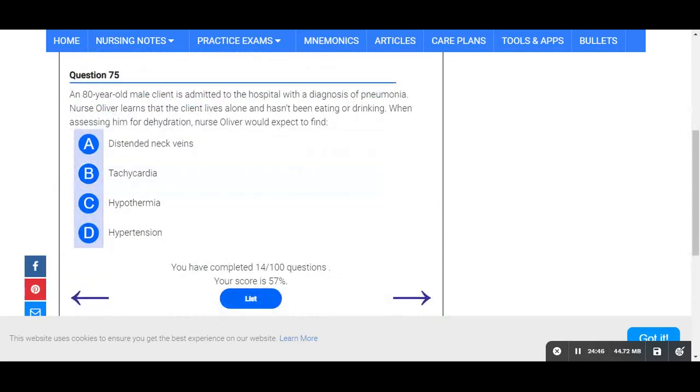Question number 75. An 80-year-old male client is admitted to the hospital with a diagnosis of pneumonia. Nurse Oliver learns that the client lives alone and has not been eating or drinking.